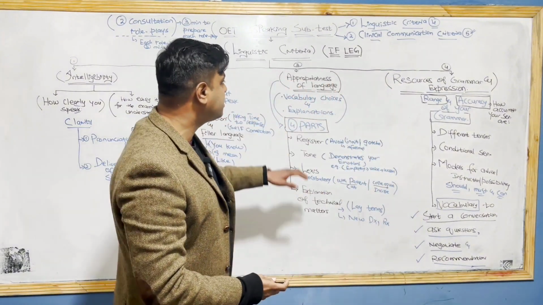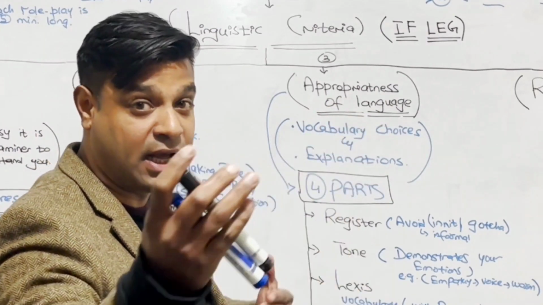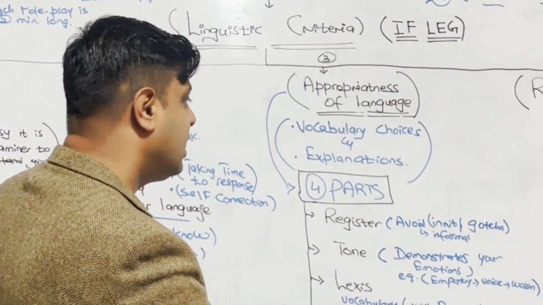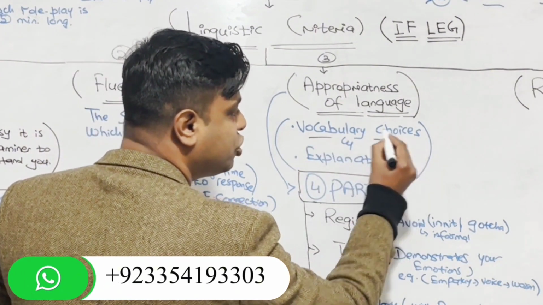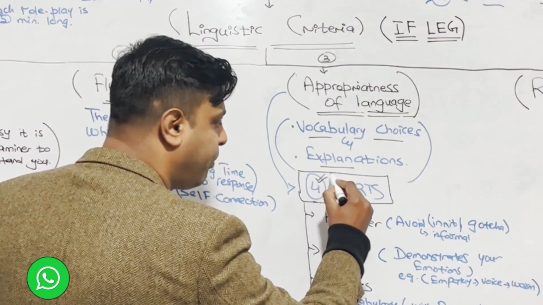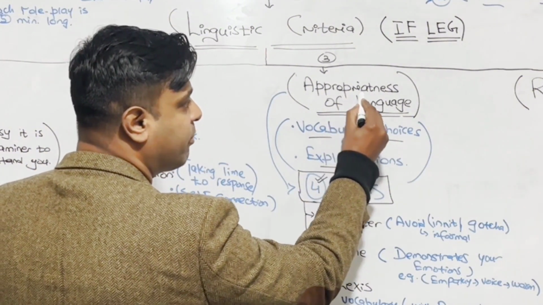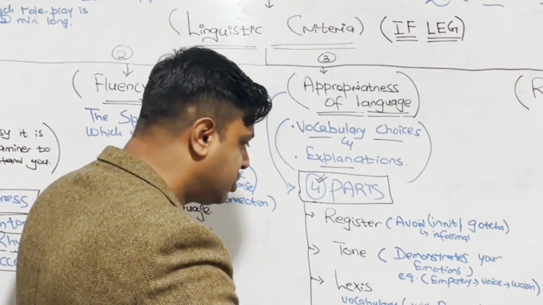Now, the third criterion is called appropriateness of language, meaning what kind of vocabulary you're going to choose and your explanation. Now, we have 4 parts under the domain of appropriateness of language. The first one is called register.